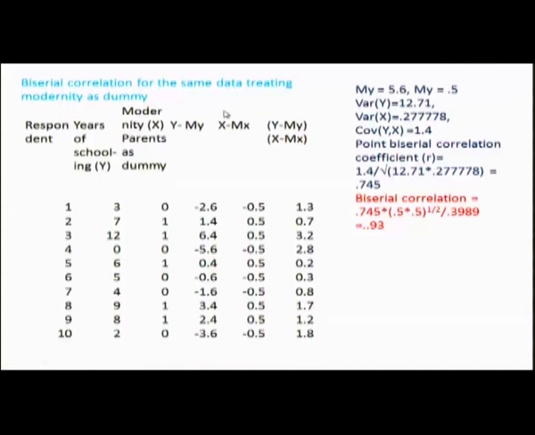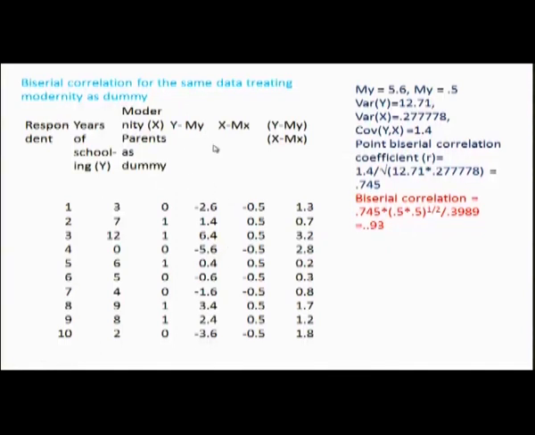This is an example of biserial. Respondents, y variable, x variable. I have deliberately written y first and x later, although x is the independent variable here, 0, 1, 0. Modernity is the independent variable, logic suggests, and schooling should be the dependent variable, schooling of children, modernity of parents should be independent variable. What is written first actually does not matter, this is what I wanted to convey.